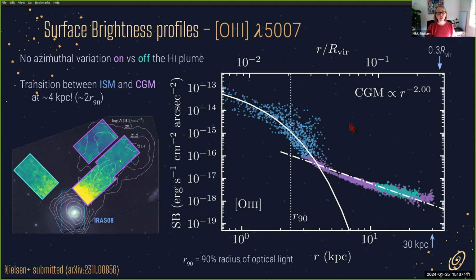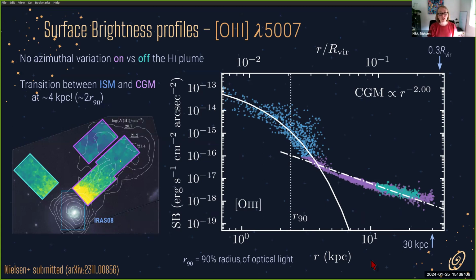What we think we're seeing here is a transition between the ISM and the CGM at about 4 kiloparsecs, or roughly twice the 90% radius of optical light around this galaxy. So as you move outwards from the galaxy, the gas changes properties between the ISM and the CGM. And I don't think anyone's really seen that before. So this was quite exciting.